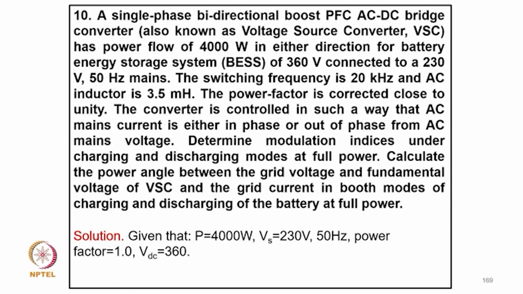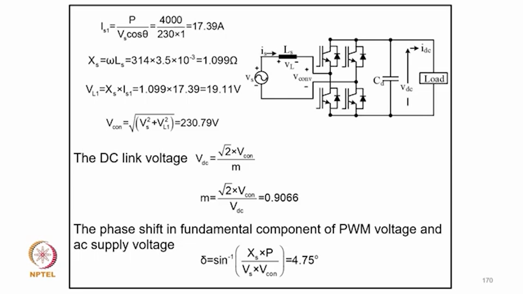So given here, power is 4000 watt, Vs equals 230 volt 50 Hz, power factor is 1, and VDC is 360 volt. Coming to the circuit here, IS1 equals P upon Vs into cos theta, which comes to 17.39 ampere. XS equals omega Ls, which comes to 1.099, and VL1 is XS into IS1, so it comes to 19.11.